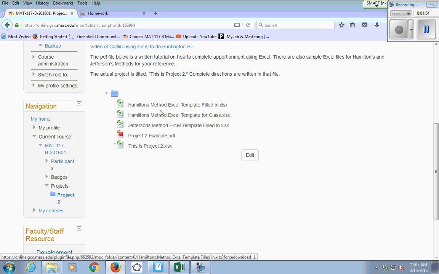There are template files, so you can look at the formulas in Excel to try to get ideas of how to make your file work. And then the very last file is Project 2, and that's the actual project. So when you submit this, you don't print it or anything because I need to be able to look at the electronic file to look at all your formulas and stuff. So you will just submit it via email when it's done.